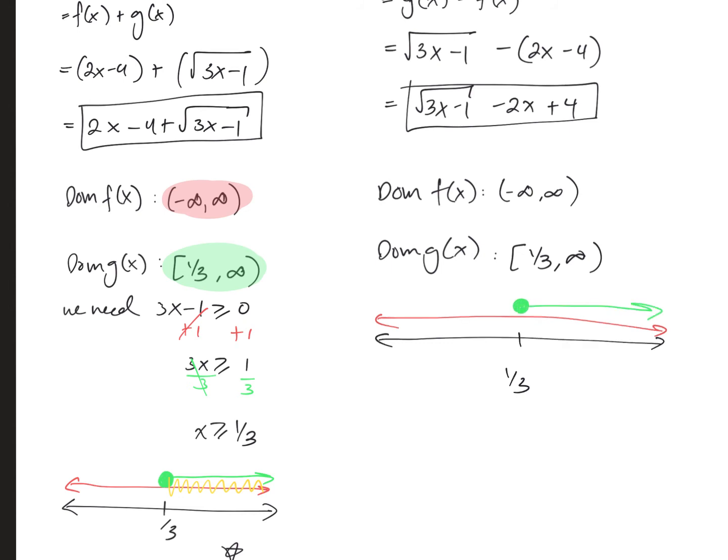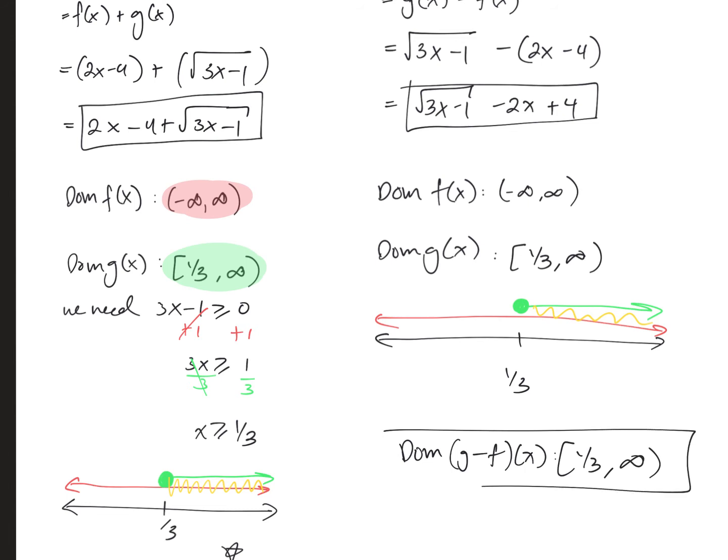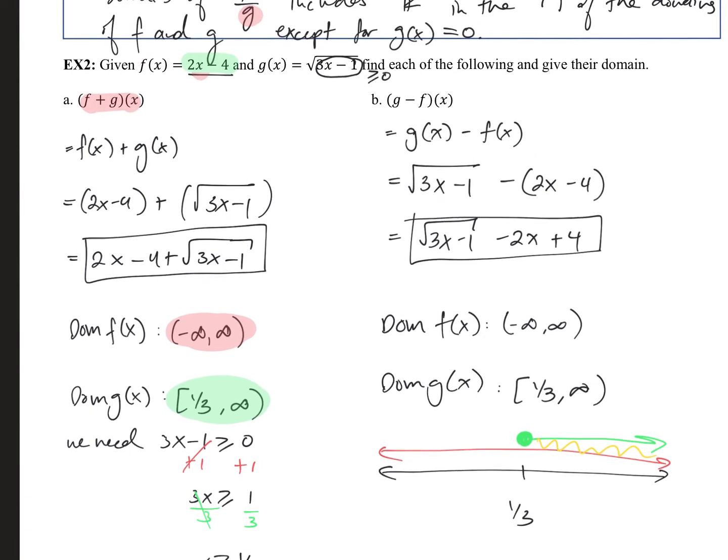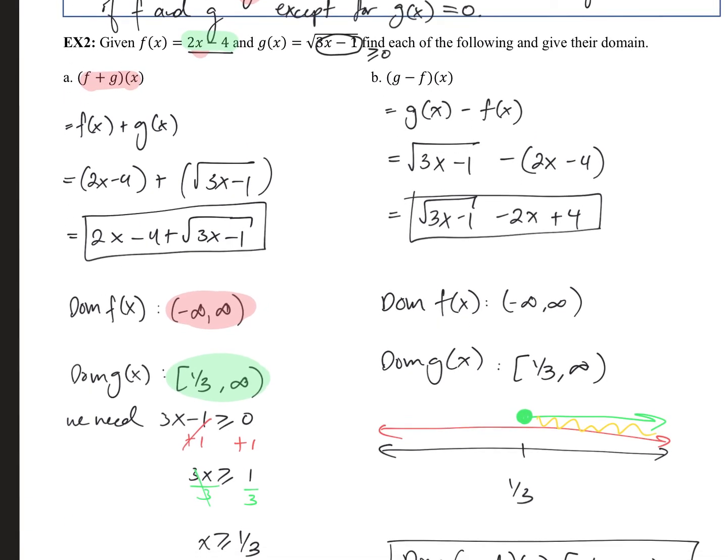And then once again, where is their intersection? It's here. And so then the domain, and once again, watch the notation on this. The domain of, we have g minus f of x is going to be the 1/3 to positive infinity. So how we do it doesn't change if it's multiplication, or addition or subtraction.